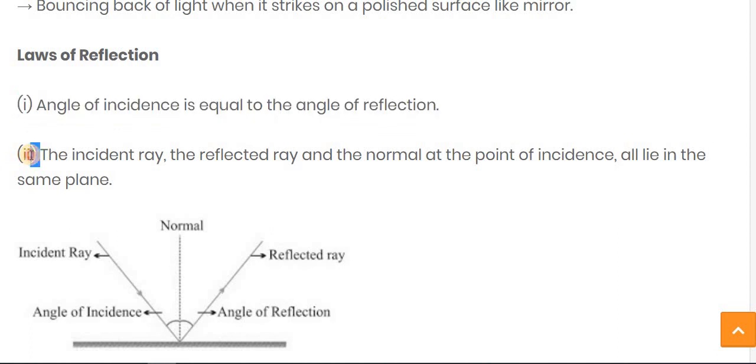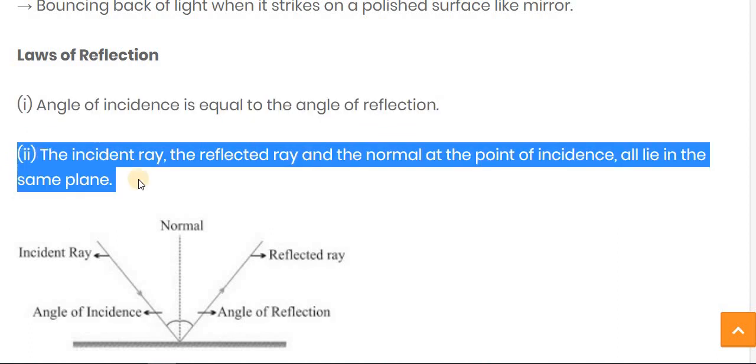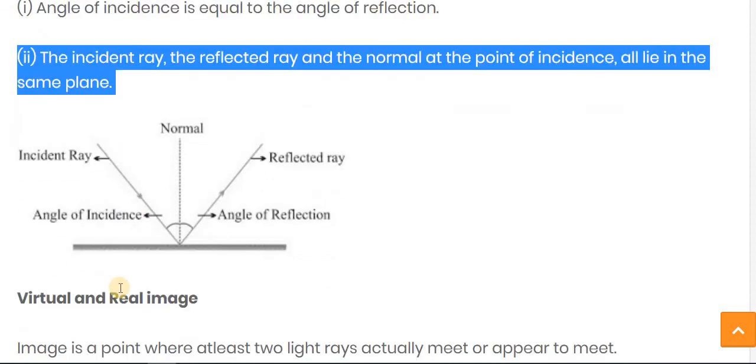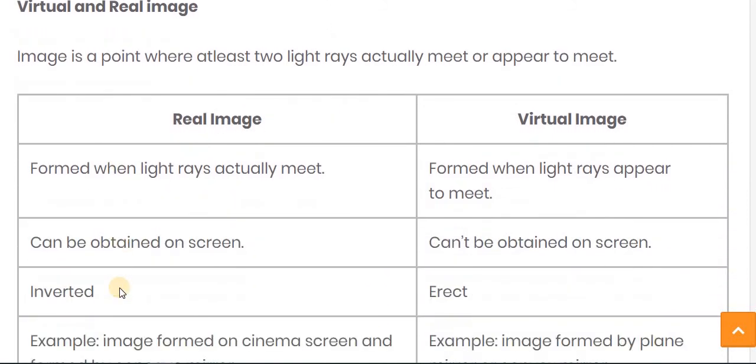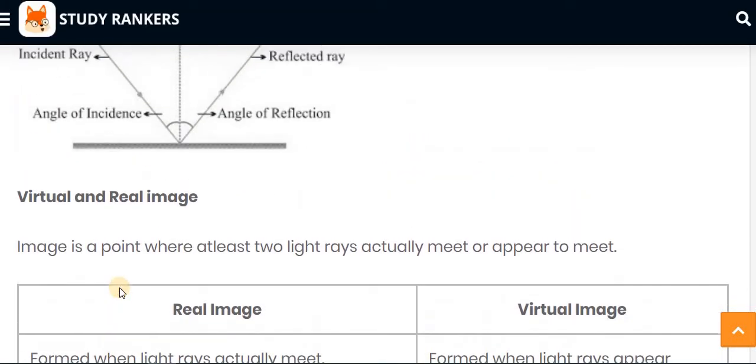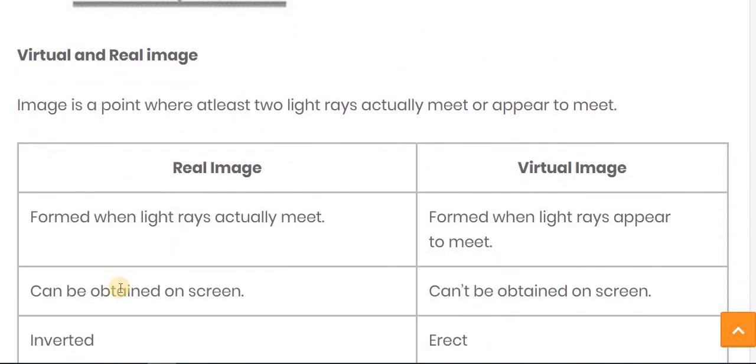The second law says that the incident ray, the reflected ray and the normal at the point of incidence all lie in the same plane. Now let's move to the next topic, virtual and real images.